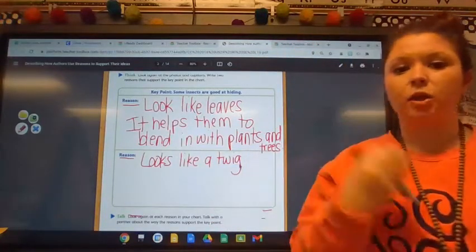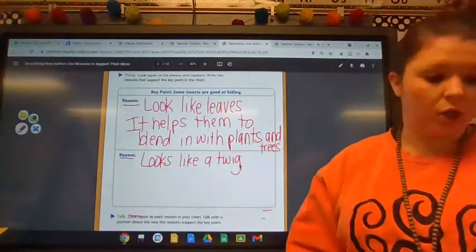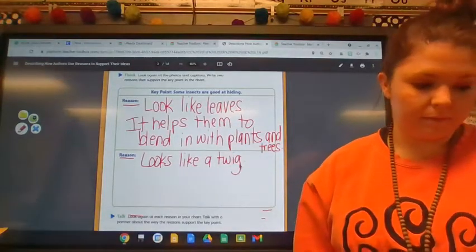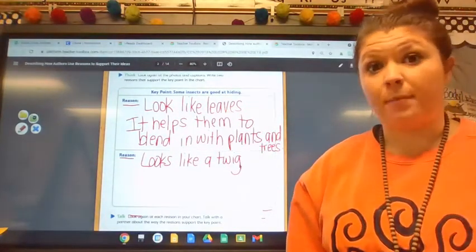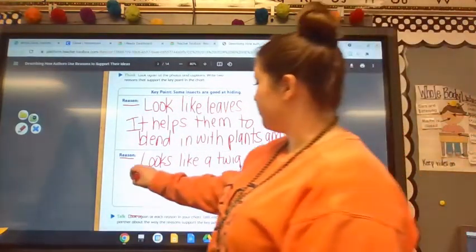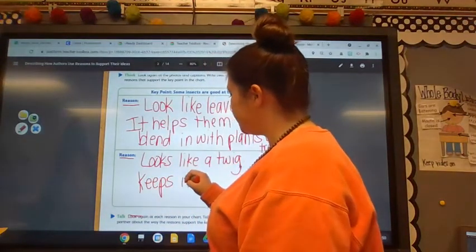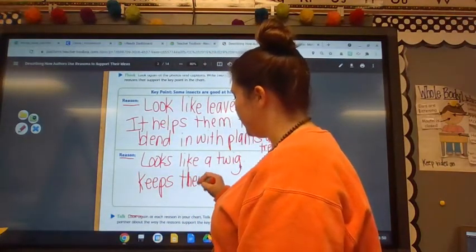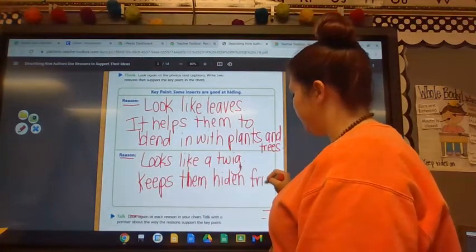Why is it good that they look like a twig? How does that help them be good at hiding? It keeps them hidden from animals that might want to eat them, right?